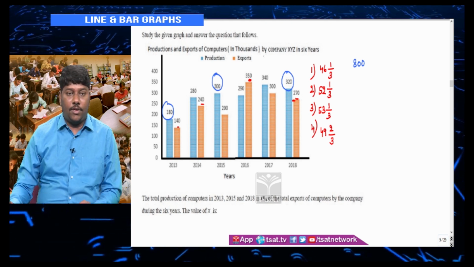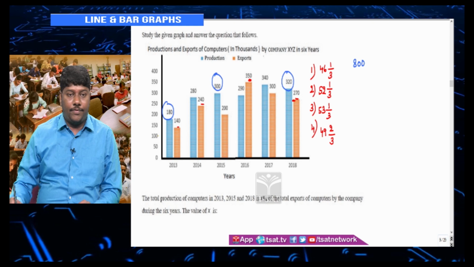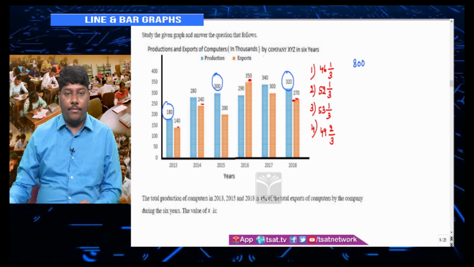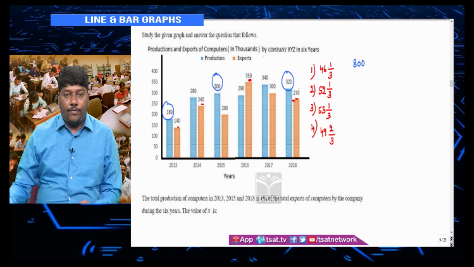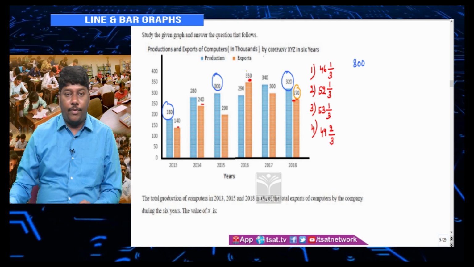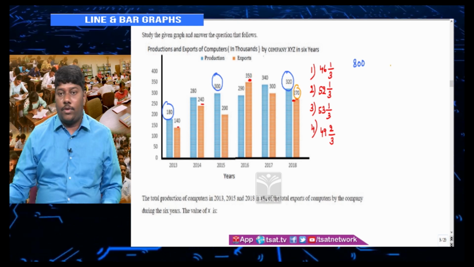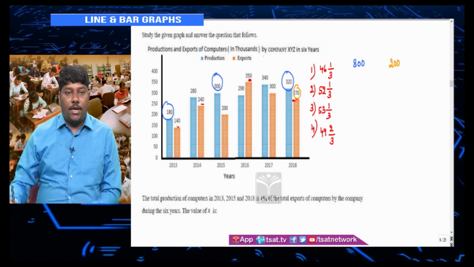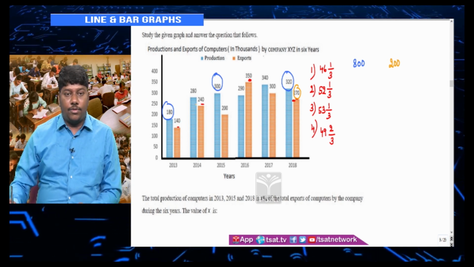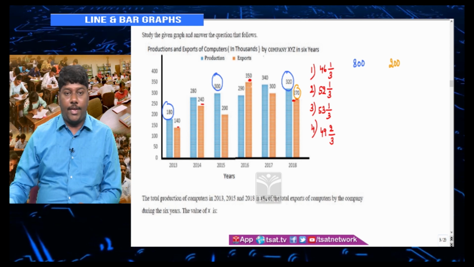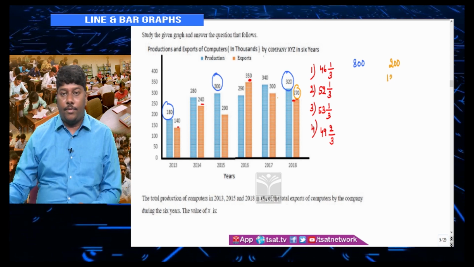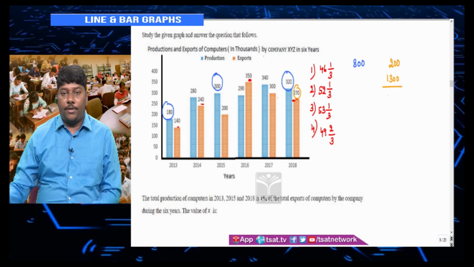Total exports: add all the orange colored. First add all the tens: 40 plus 40, 80, 80 plus 70, 150, 150 plus 50, 200, keep it aside. Then add all the hundreds: 100 plus 200, 1 plus 2, 3, 3 plus 2, 5, 5 plus 3, 8, 8 plus 5, 13, so 1300. So 1300 plus 200 is 1500.